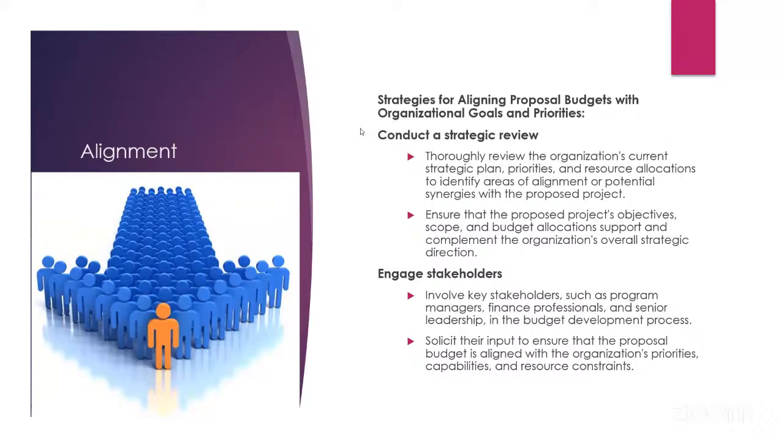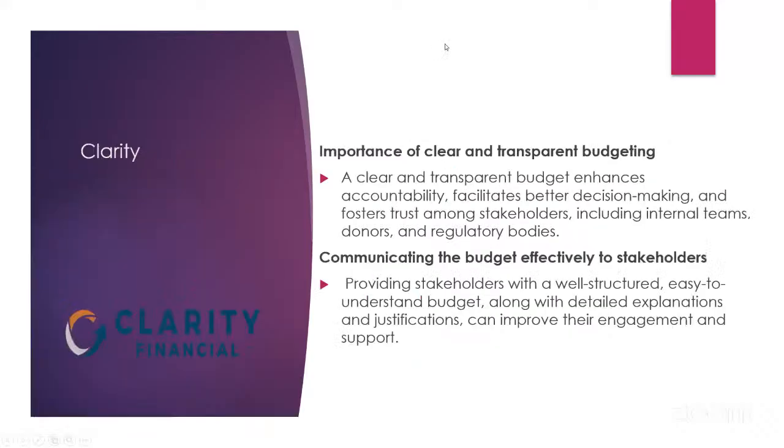Another key principle is clarity. Clarity is very important when it comes to transparency and accountability. So whenever we are writing a budget for a grant proposal, we need to be very clear. We need to have clarity and be transparent so that the decision-making process by the donors will foster trust among the stakeholders, including those who will be implementing the grants.